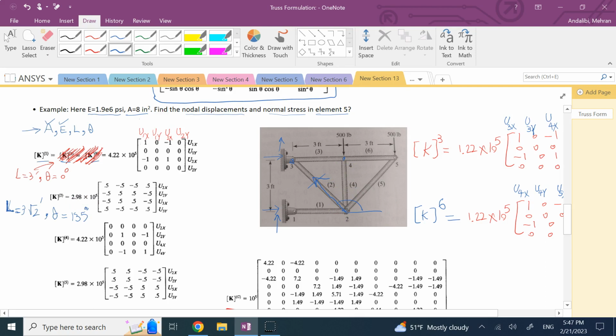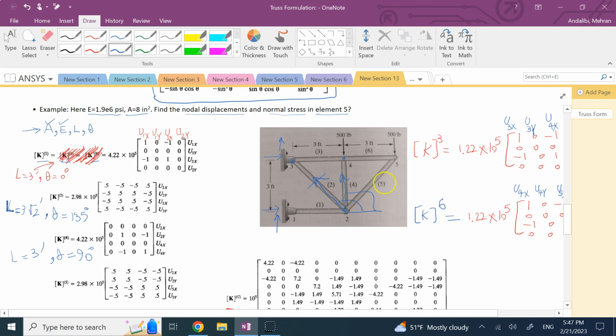Okay? And then here we go with member 4. Member 4 is the vertical member. And again, here the angle of this member is 90 degrees. And the length of it is the same 3 feet.